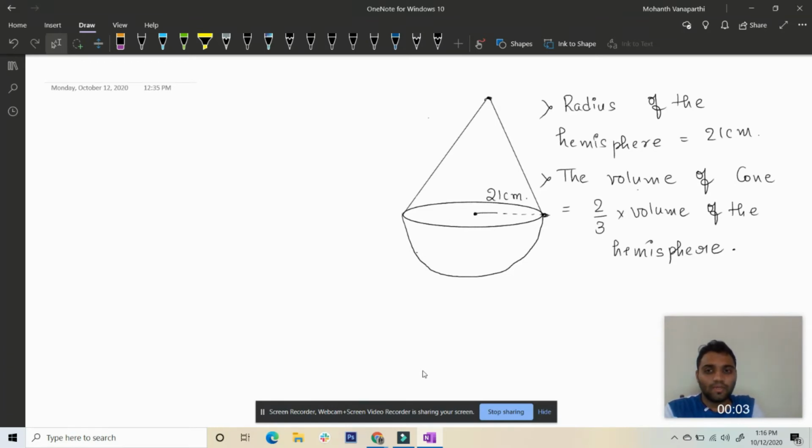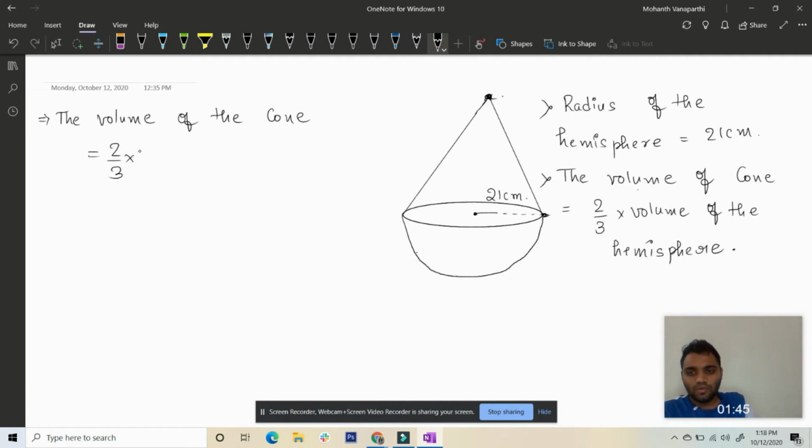We shall start solving the given question from the given condition that the volume of the cone is equal to 2/3 of the volume of the hemisphere. Let me write the same condition, that is, the volume of the cone is equal to 2/3 of the volume of the hemisphere.